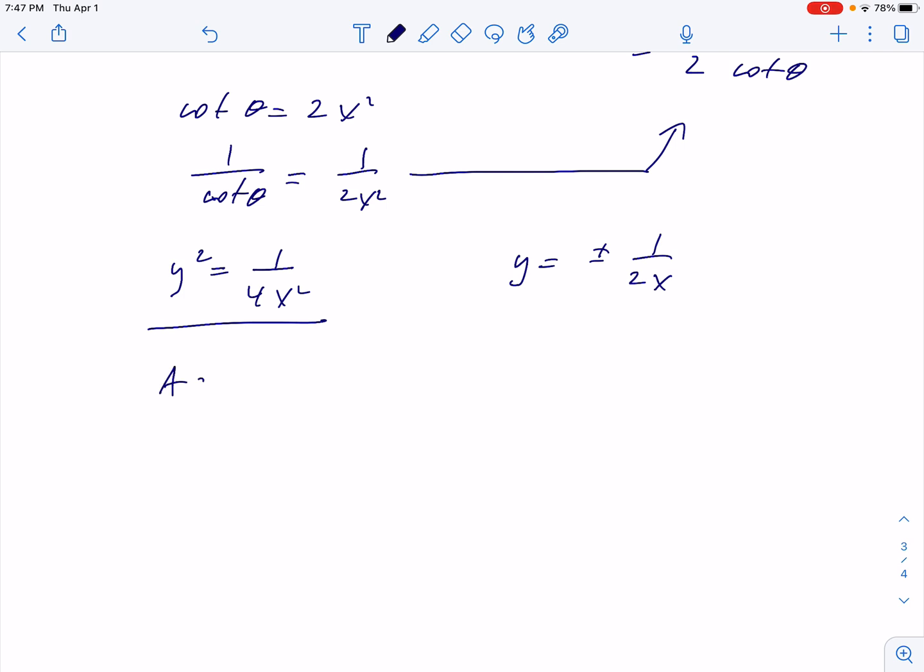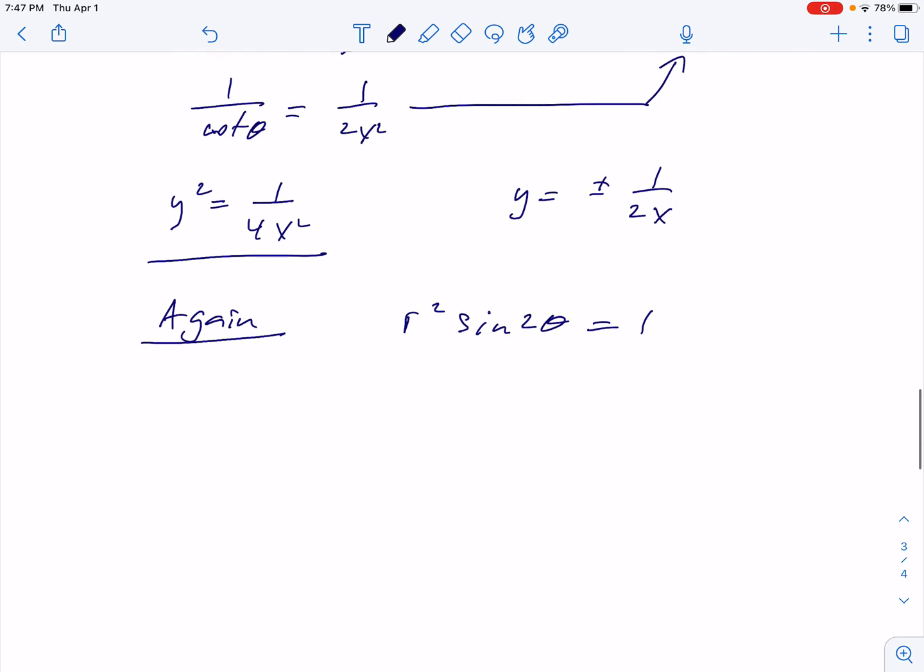Again, from the same equation, r squared sine 2 theta equals 1. Remember, we use the formula for sine 2 theta. Why not use it from the very beginning? This will give me r squared multiplied by 2 sine theta cosine theta, which equals 1.